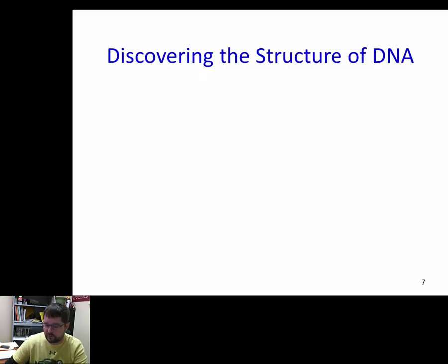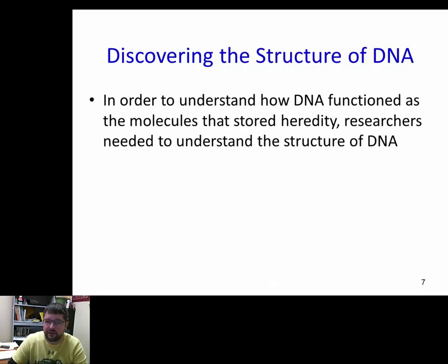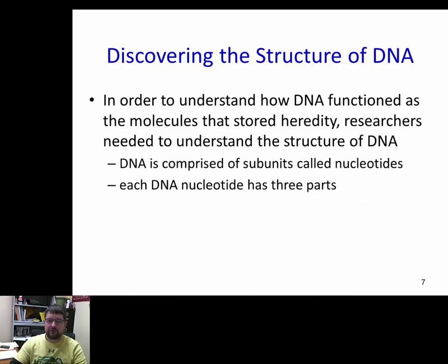Okay, so from then we understood that DNA is the source of the gene, but in order to understand how DNA works, we needed to figure out the structure of DNA. And lots and lots of work had already gone into this.